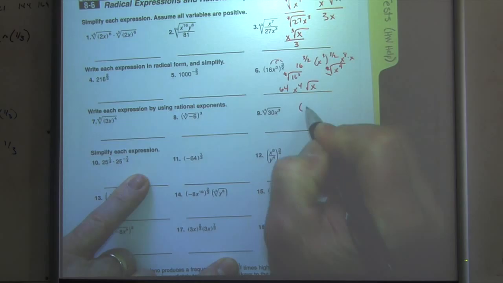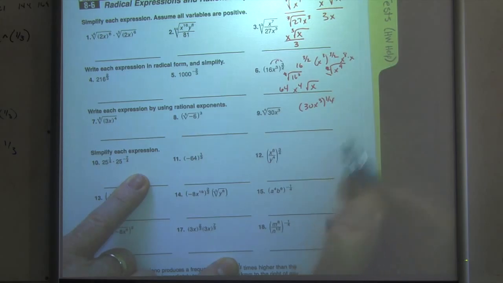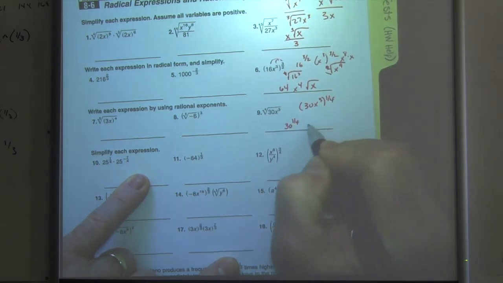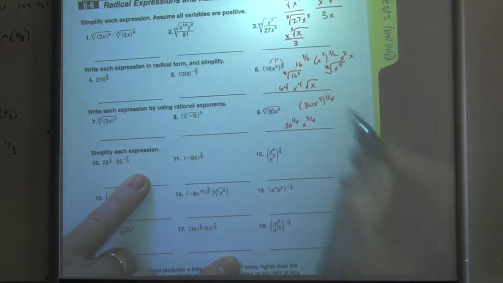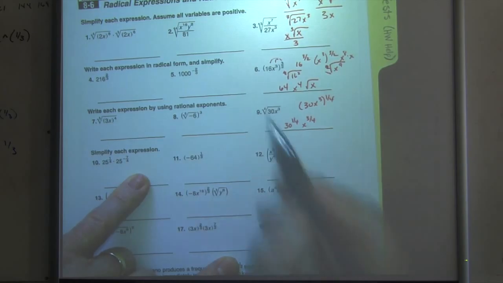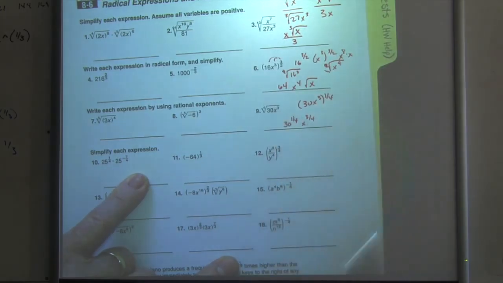So I could do this and go 30 x to the third to the 1/4 power and then distribute the 1/4. So that would be 30 to the 1/4 and then x to the 3/4. Or you could have it this way, but you should simplify that. You could have also just done the 4th root of 30 and done 30 to the 1/4 and then x to the 3/4 from there.